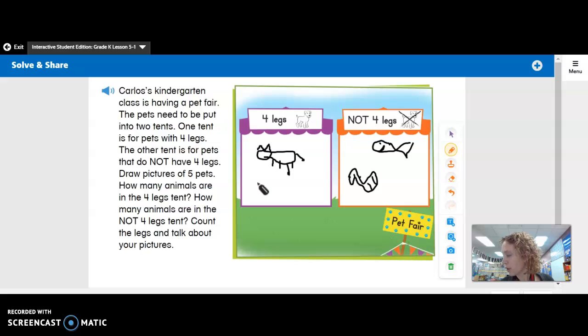Ooh, I know another one. Maybe, here's my dog. That's just 2 ears. His tail. 1, 2, 3, 4, and I need one more animal.